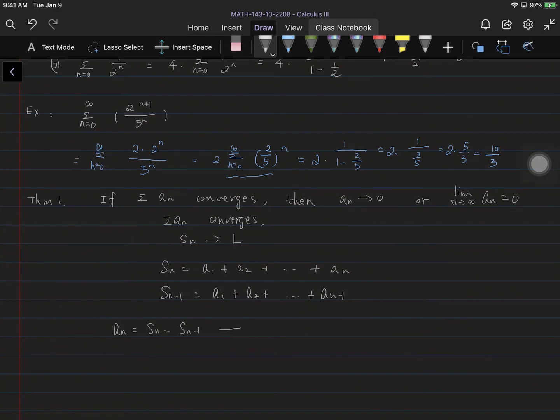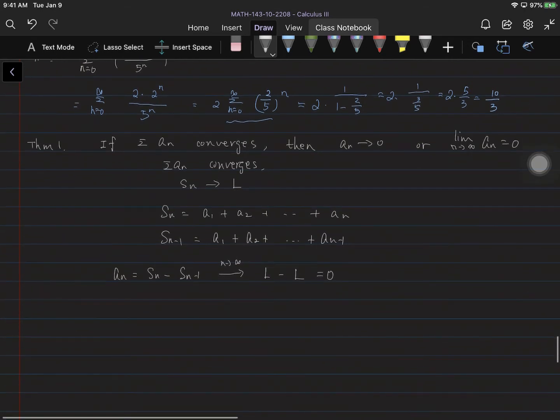And then this goes to, when n goes to infinity, L minus L. So when Sn goes to L, Sn minus 1 also goes to L. So the limit is 0. That means if the series converges, an goes to 0.